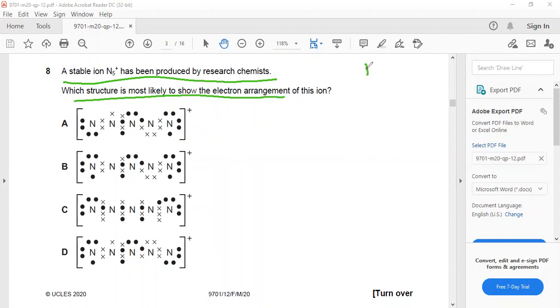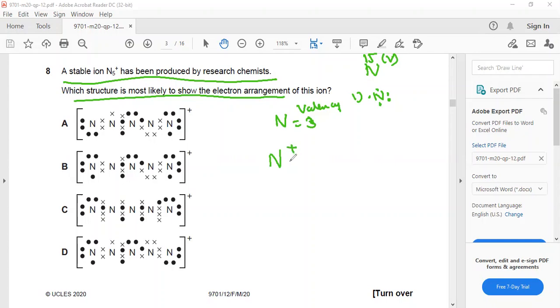Keep in mind that nitrogen is in group 15, previously group 5. It has 5 electrons in the outermost shell, 3 unpaired and 1 pair. Even if you know this, the question will be solved. Second thing, the normal valency of nitrogen is 3, but to understand this question completely, you should know that if nitrogen is plus, it's like group 4.